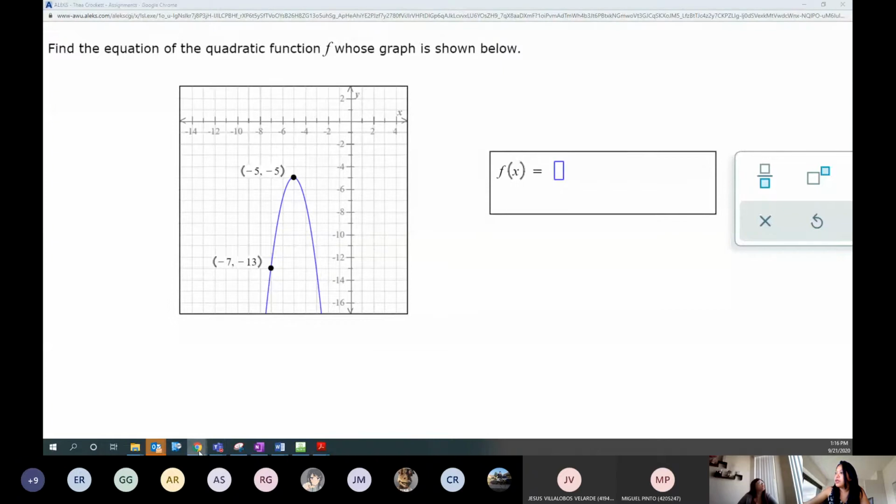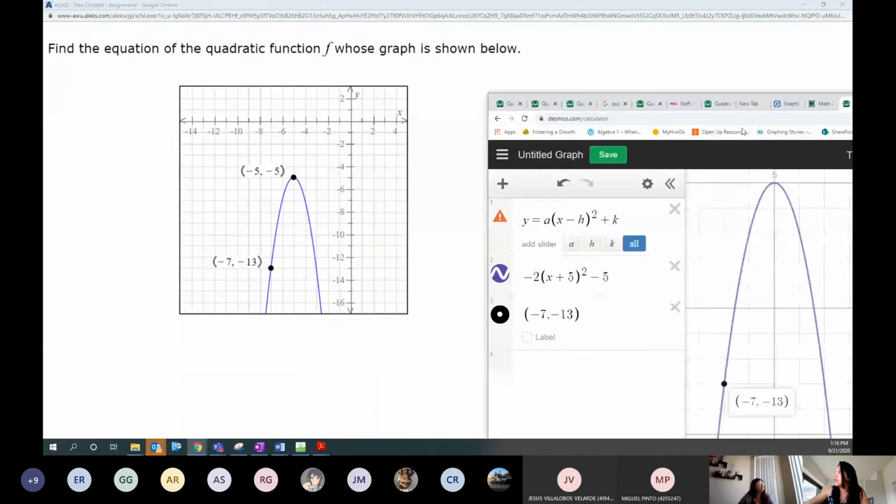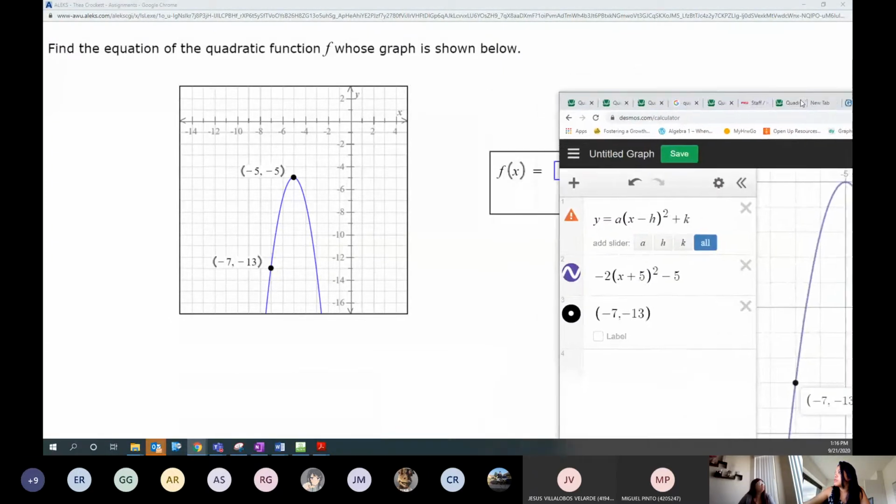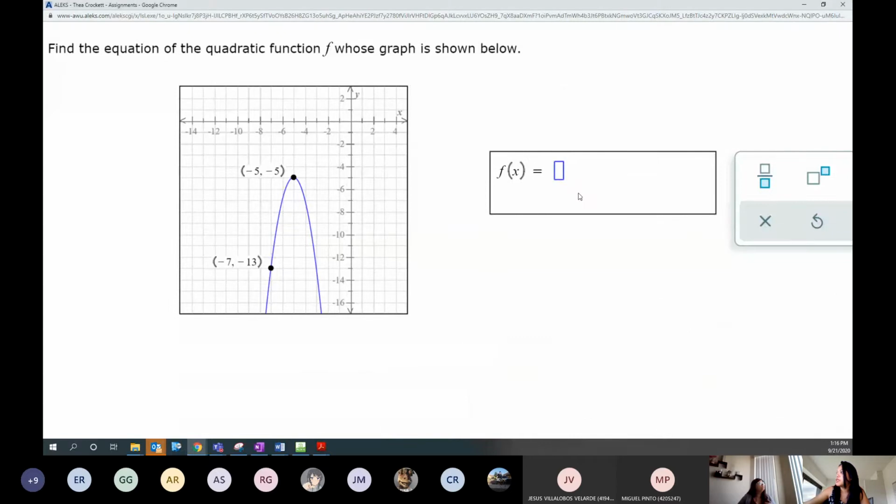Okay. Now, once I know that this equation is correct, I'm just gonna have to copy this negative decimals. And this is the square.